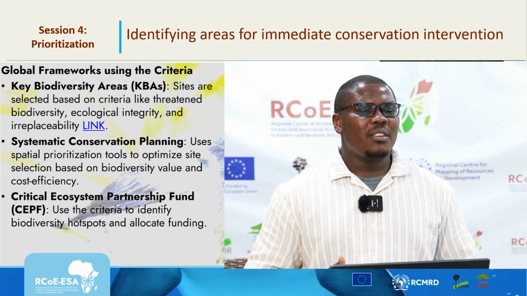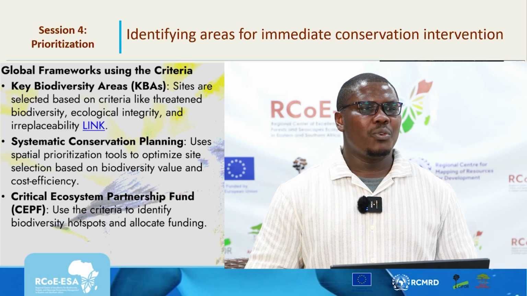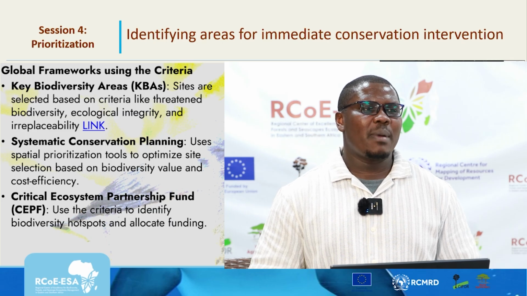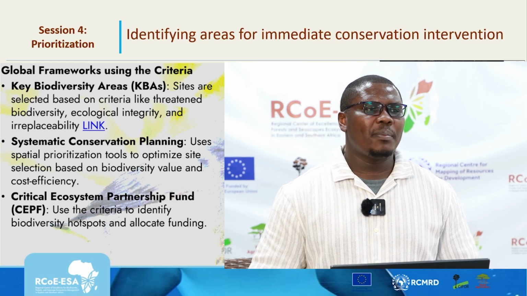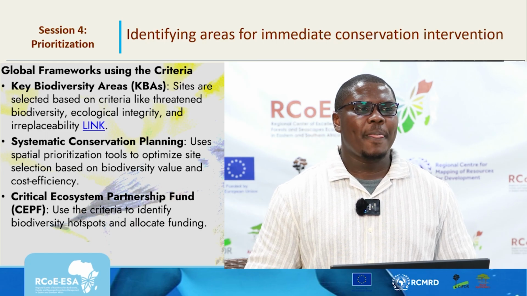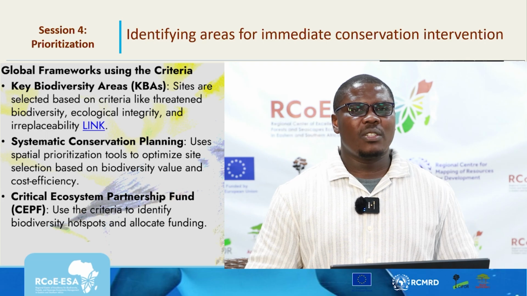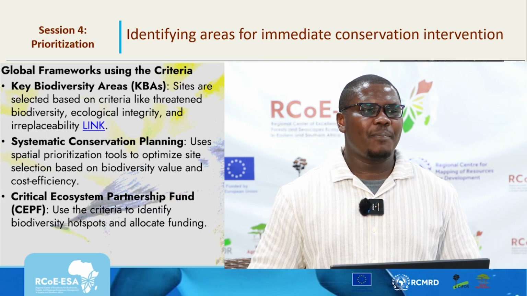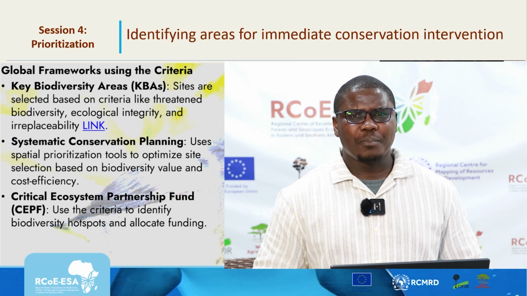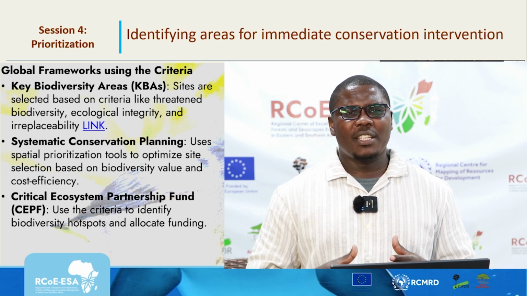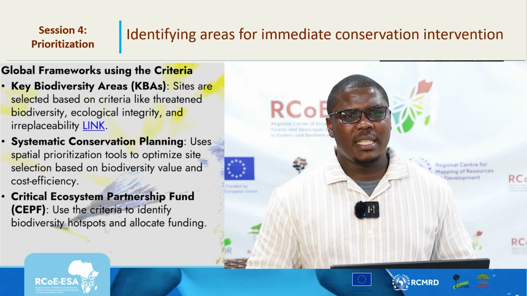You can also have another use, systematic conservation planning, using spatial prioritization tools to optimize site selection based on biodiversity value and cost efficiency. The Critical Ecosystem Partnership Fund looks at the map or the proposal that you are submitting: does it meet the requirement of an area that has been identified as threatened?